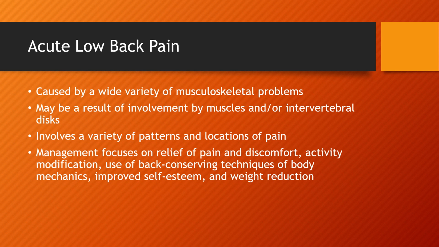Older adults may experience back pain associated with osteoporosis or vertebral fractures or bone metastasis. Other causes include kidney disorders, pelvic problems, retroperitoneal tumors, abdominal aortic aneurysms. In addition, obesity, stress, and occasionally depression may contribute to low back pain.